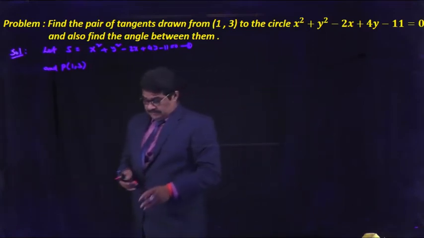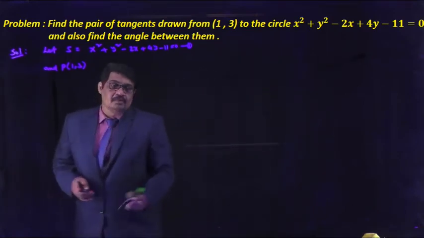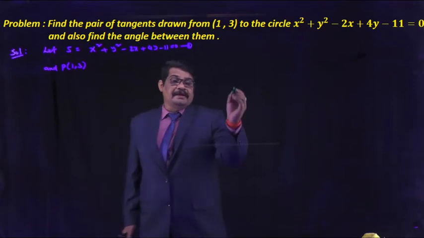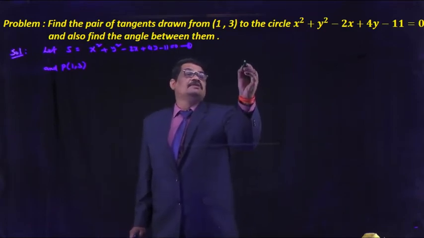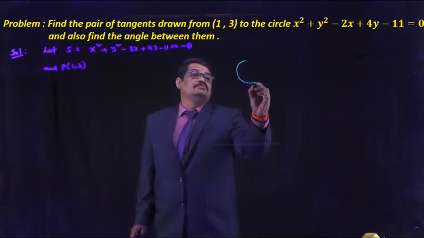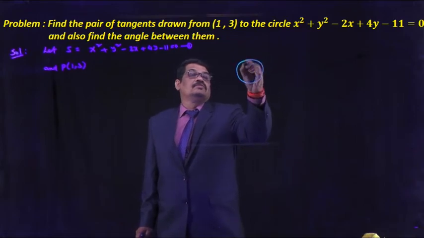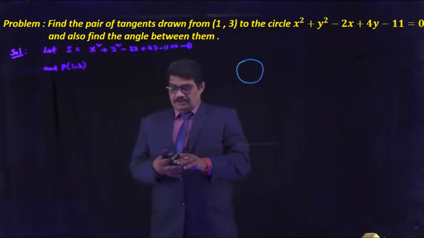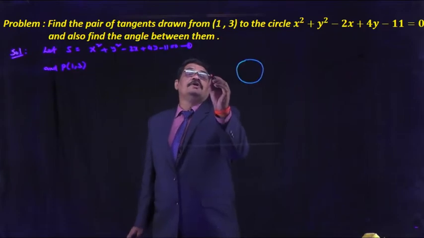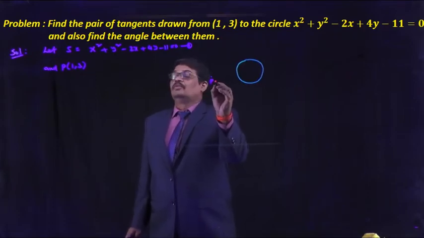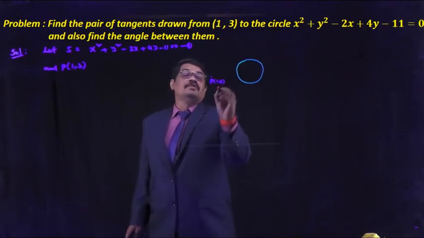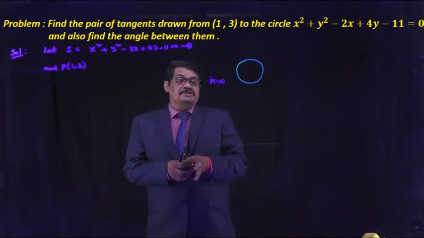See the diagram, this is the given circle, and this is the given point P, that is 1 comma 3. Now we are writing the tangents.